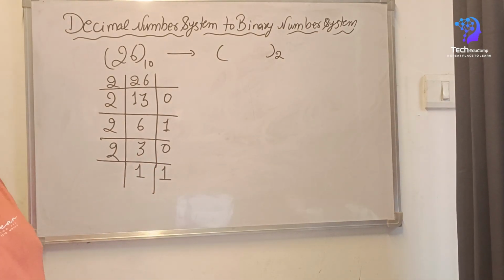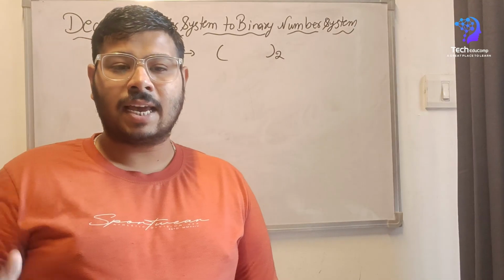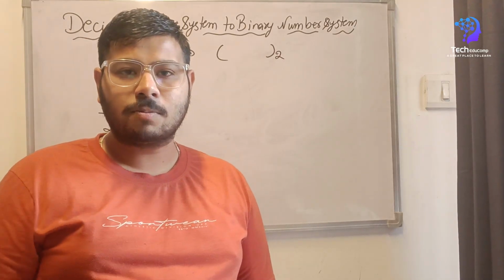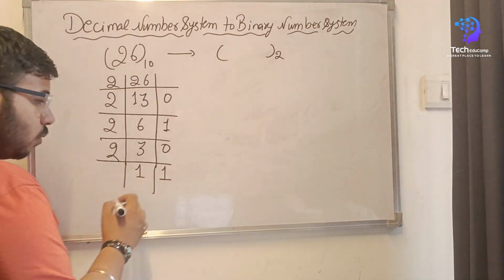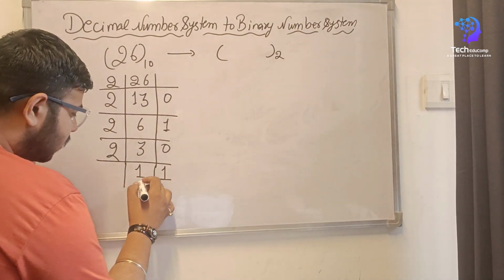So how do you know which one is the LSB and which one is the MSB, and how to write it? The last term that comes after dividing is the MSB, and the first remainder is the LSB. So you have to read it this way.